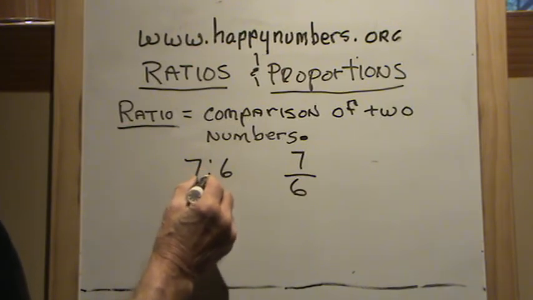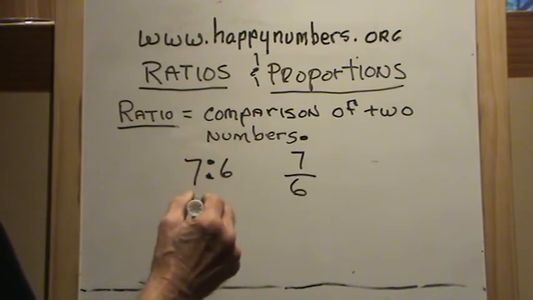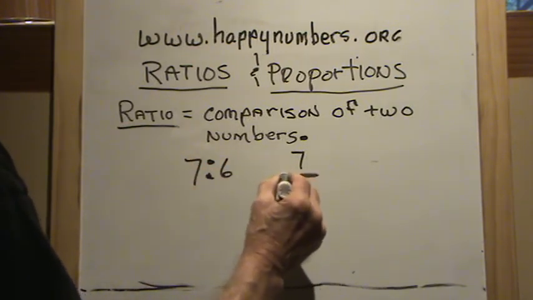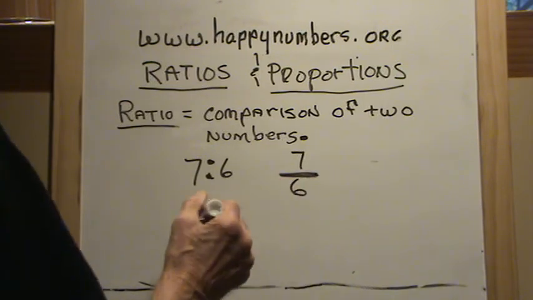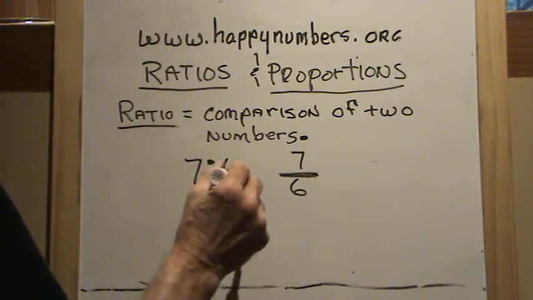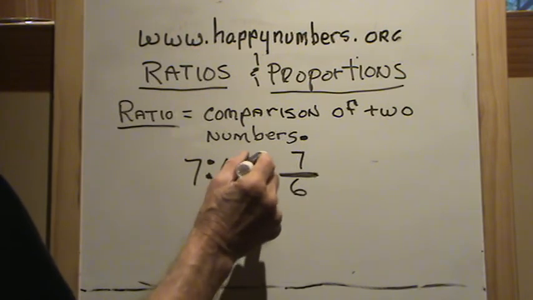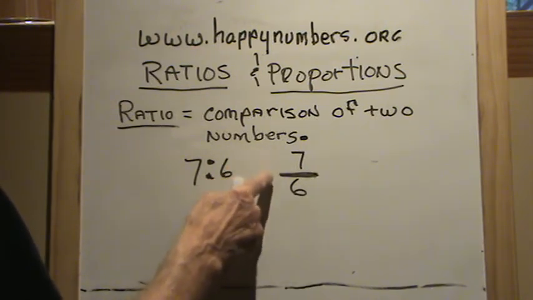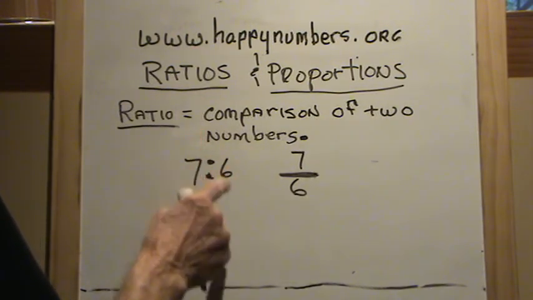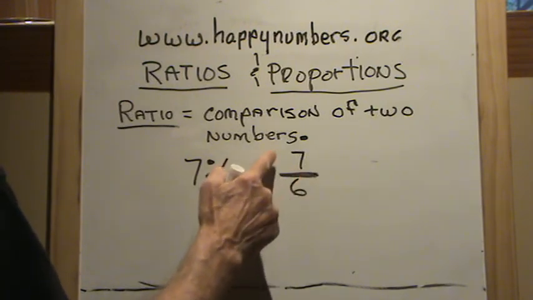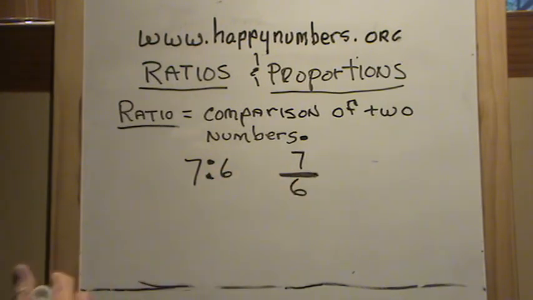The colon means is to, and in this case this line means is to. We always want to make sure that a ratio is in its lowest name, reduced to its lowest terms, and when working with ratios, we can leave the improper fraction the way it is. It's fine to have the improper fraction.